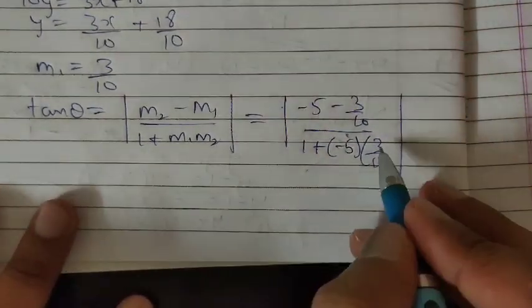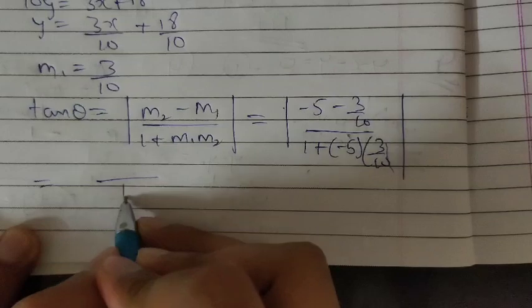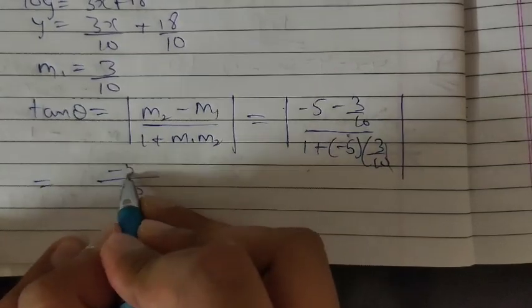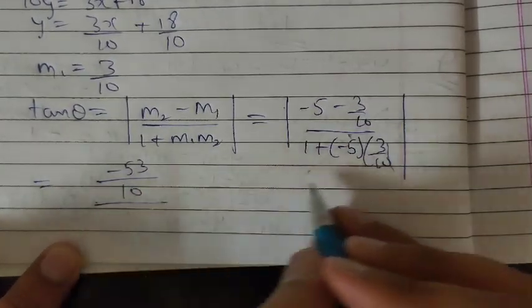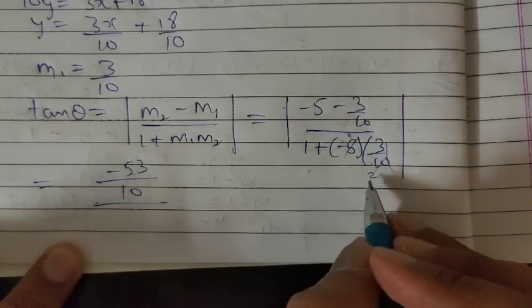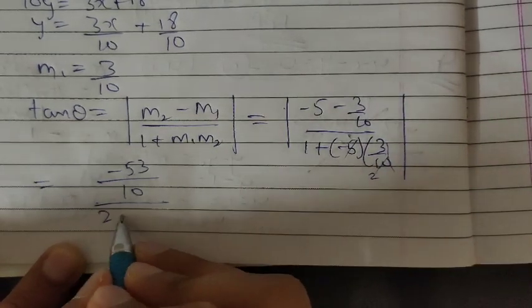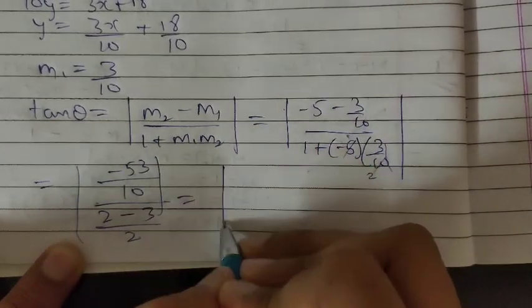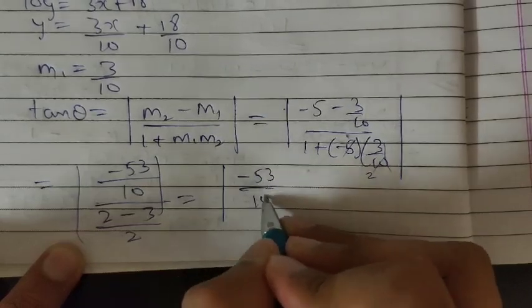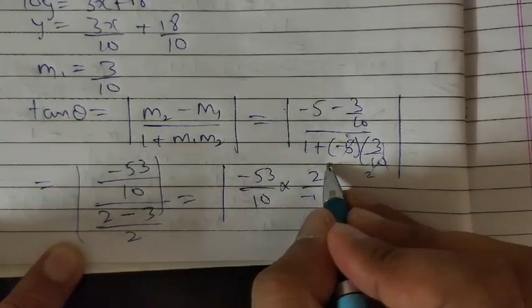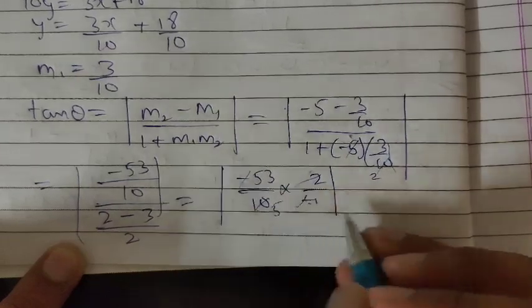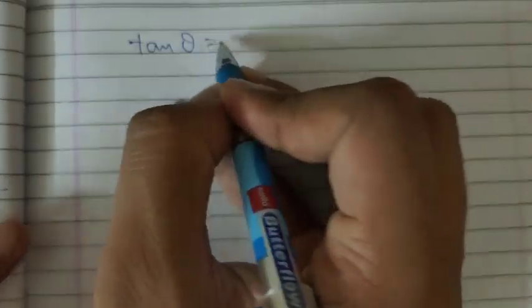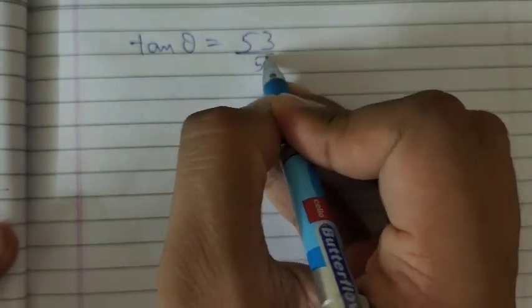Taking LCM 10, minus 50 minus 3 is minus 53, divided by 5 one time, 5 two time, so 1 minus 3 upon 2, taking LCM 2, minus 1 upon 2. So minus 53 upon 10 multiplied by 2 upon minus 1, minus cancels, so tan theta is equal to 53 upon 5. So this is our answer.